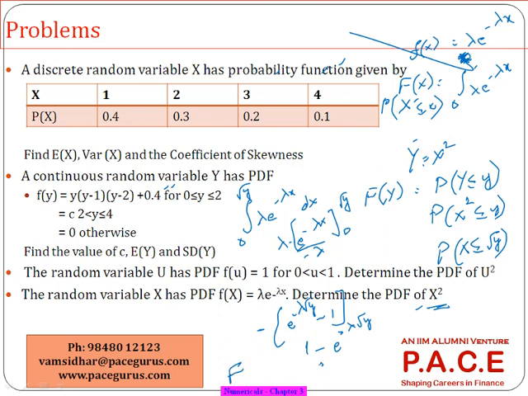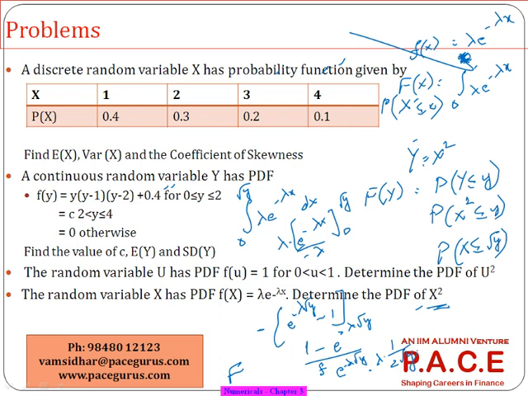Now if I have to find out the small f, I have to differentiate this. So the differentiation of this becomes e power minus lambda root y. The derivative of e power x is e power x. And when I take the derivative of lambda into root y, it becomes lambda into 1 by 2 root y.